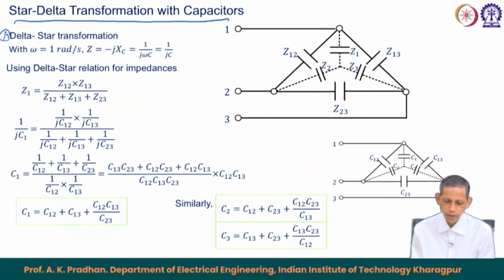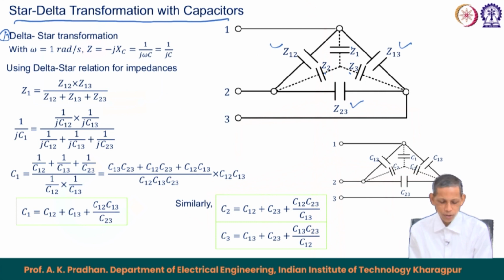Delta things are available, like here terminals 1, 2, 3, Z12, Z13 and Z23, similar to what we have used in the case of resistance and impedance combination in AC. These three are available, and we would like to find the corresponding star, Z1, Z2 and Z3, as the equivalent.